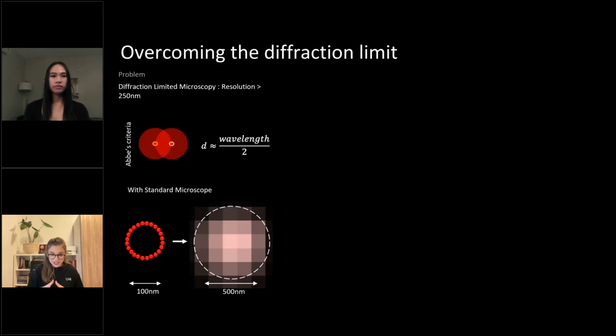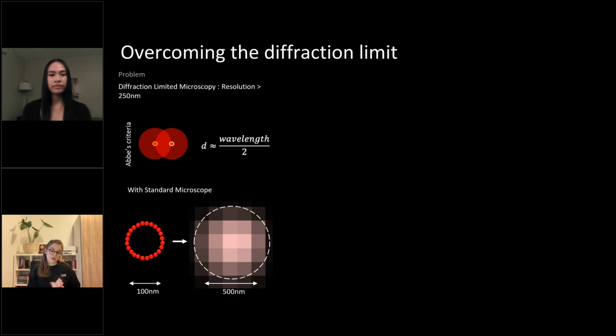So how do we achieve super resolution, and specifically single molecule localization microscopy? This is my only technical slide, I promise, but we have to understand the diffraction limit of light before understanding how we can overcome it. So I have a very, very simplified equation for you here, and it's basically the diffraction limit of light.